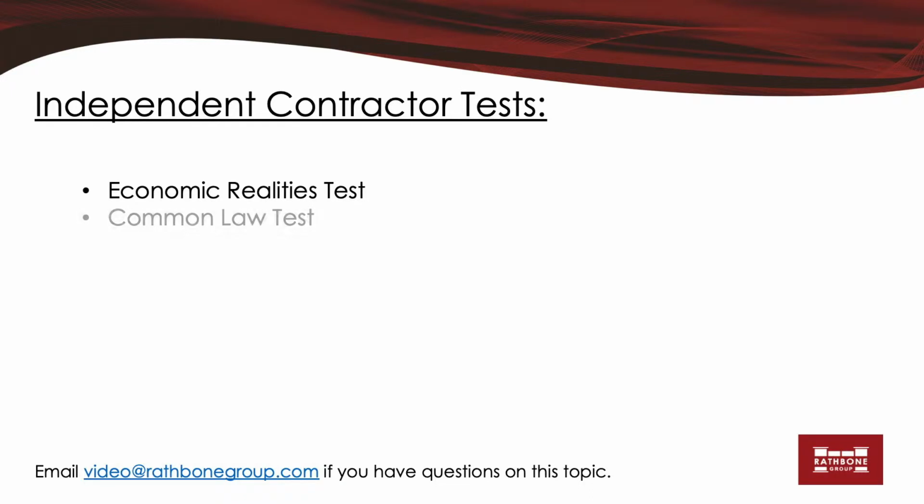Another one is the common law test, also called the IRS 20-factor test. And another one is called the ABC test. These are all very fact-intensive investigations, and they analyze just how much control an employer has over how the independent contractor is doing their job.